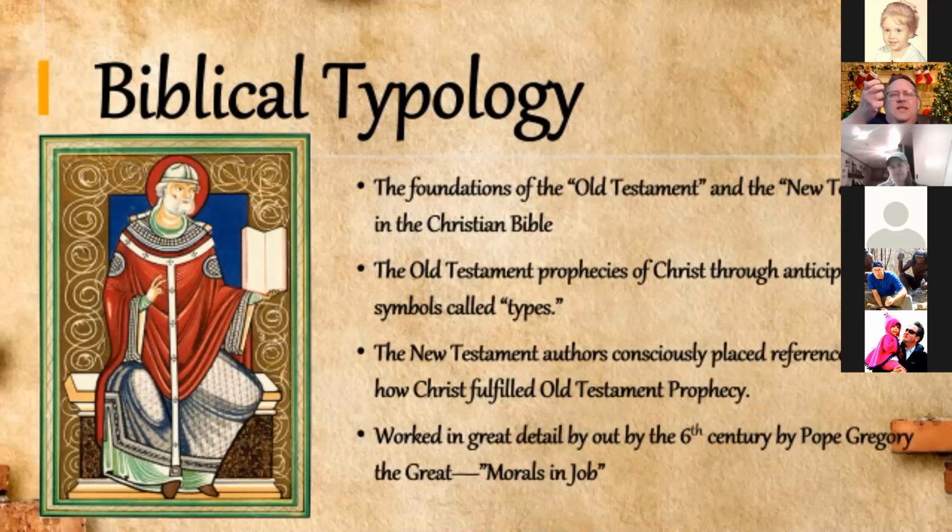And beneath this understanding of typology lies an understanding of history, that history is not a stream of cause and effect. History, the main relationship in history is between prophecy and fulfillment of prophecy.